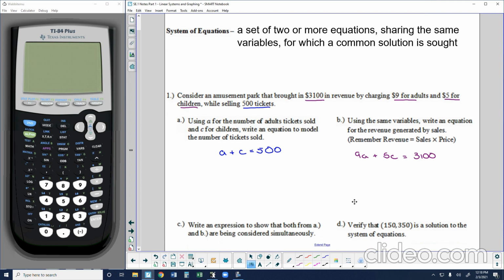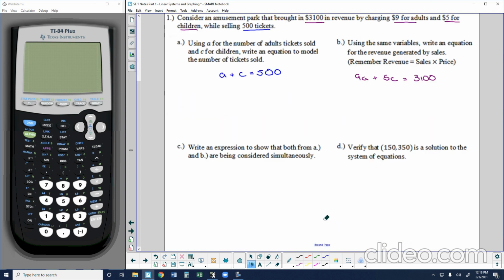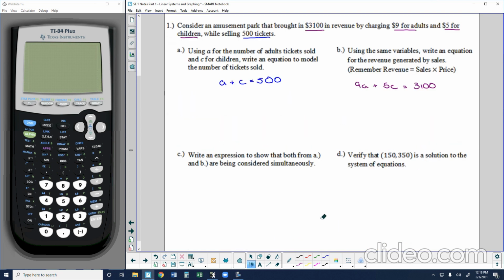In part C, it says to write an expression to show that the equations from both A and B are being considered simultaneously. I have a little typo there.